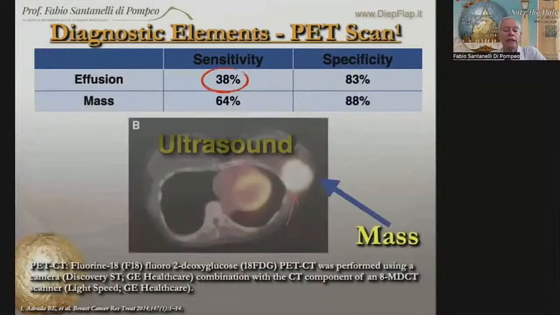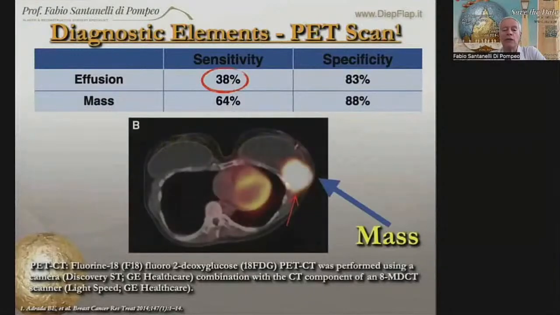So if we look at the PET scan, which is needed when there are some extranodal localizations, it shows a very low sensitivity for the effusion. Of course, it's not pathognomonic at all, but it has quite a high specificity for either the seroma and then for the mass.